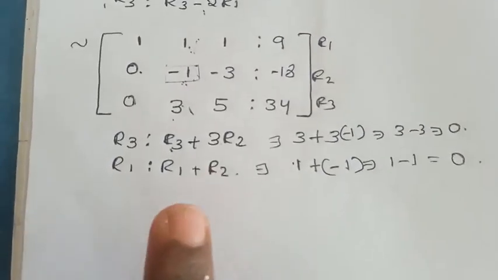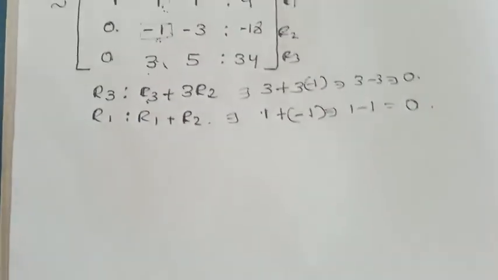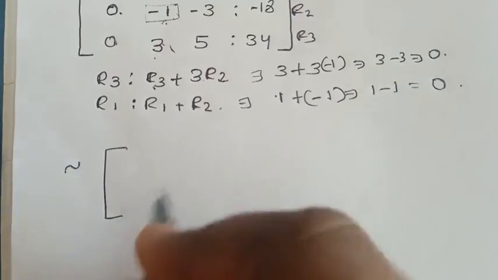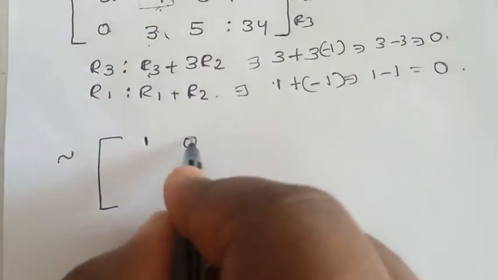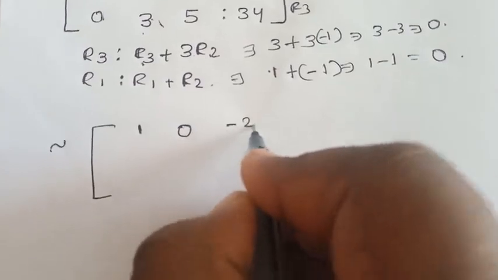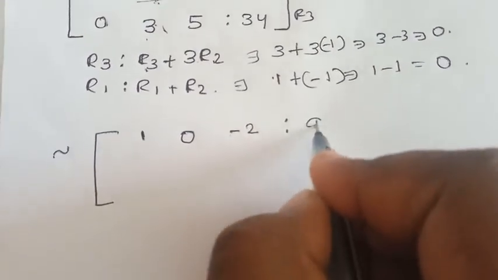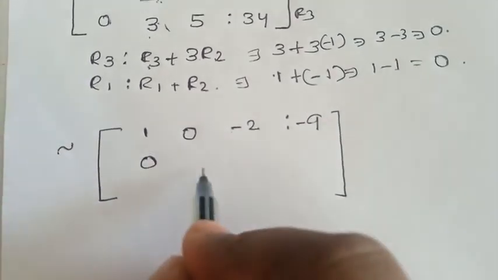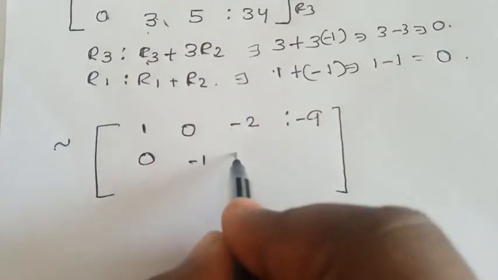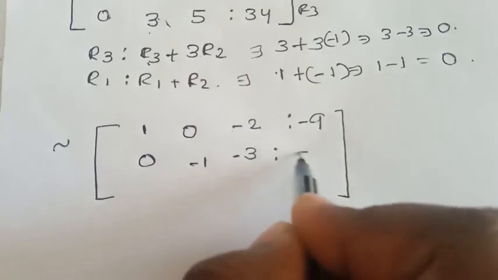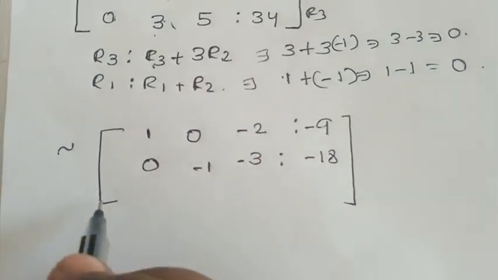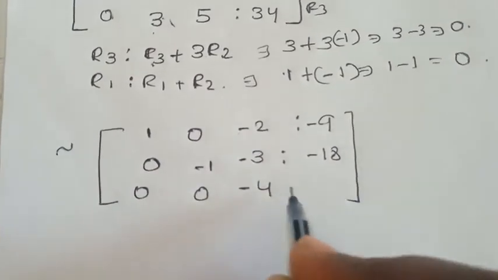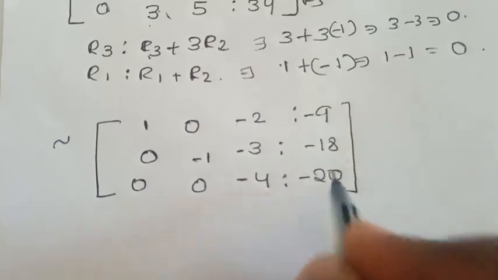So after applying these row operations, we will get 1, 0 and minus 2, here minus 9, then 0, minus 1 and minus 3, minus 18, and 0, 0, minus 4 and minus 20.